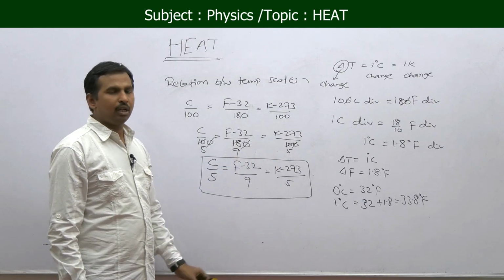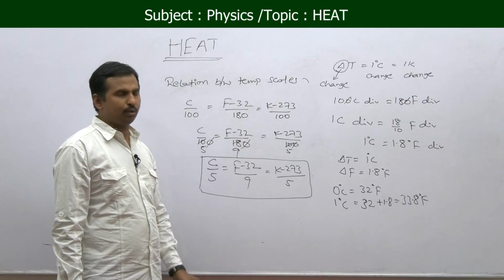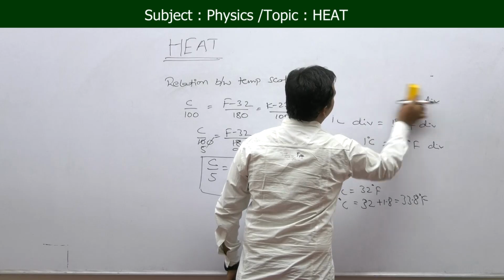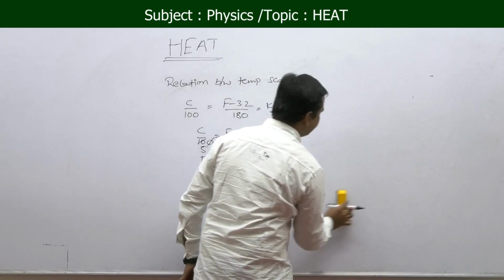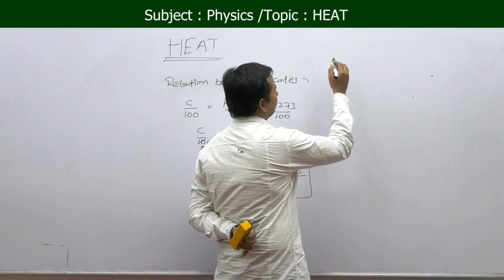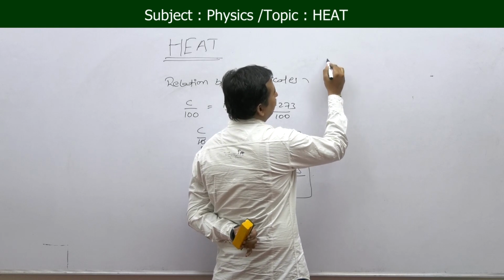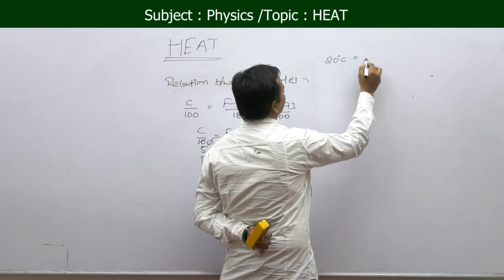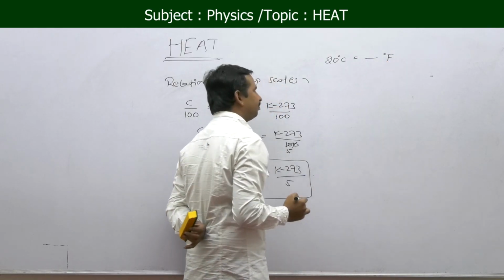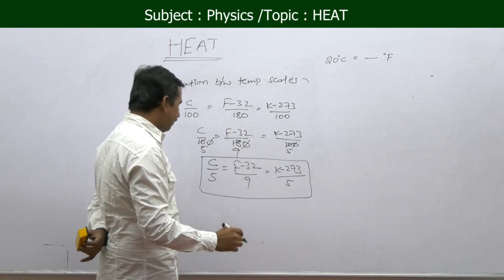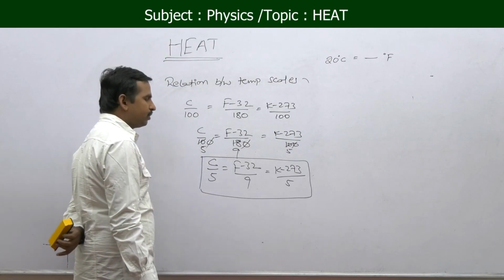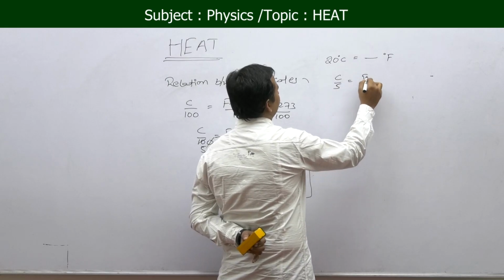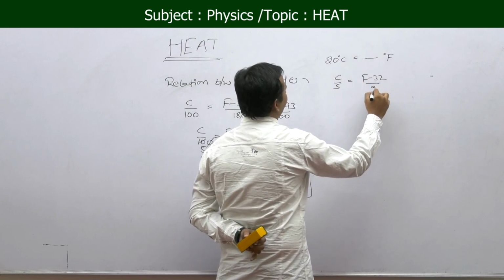Now, how to do the numericals using this relation: for example, if the temperature of the body is given in Celsius, let us say 20 degrees Celsius, and I want to convert that into Fahrenheit. Between C and F, the relation is C by 5 is equal to F minus 32 by 9. Here C is 20, so 20 by 5 is equal to F minus 32 by 9.